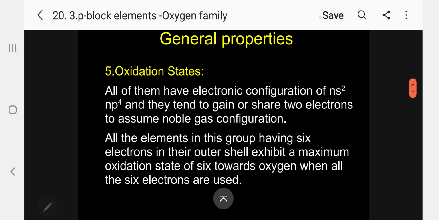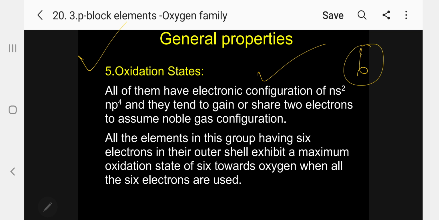Now, the most important property is oxidation state, because only the oxidation state decides the reactivity of that particular element. All of them have the general electronic configuration ns2 np4, totally 6 electrons in the outermost shell, and they tend to gain or share 2 electrons to assume the nearest noble gas electronic configuration. Please follow.